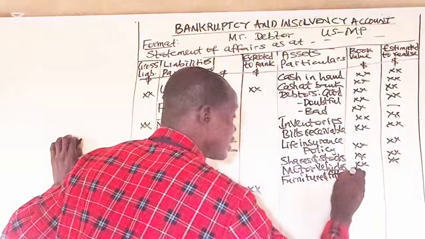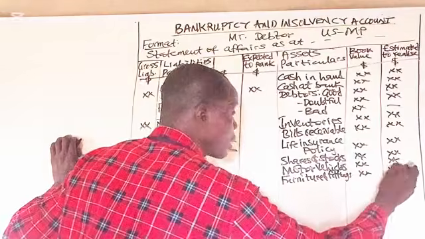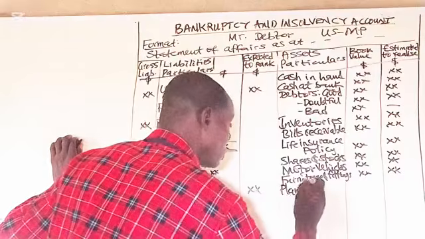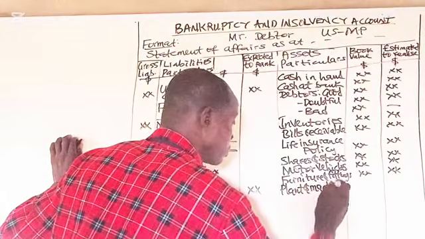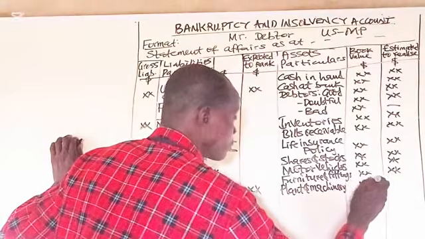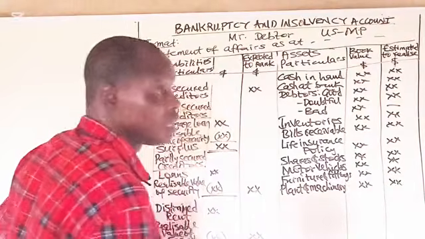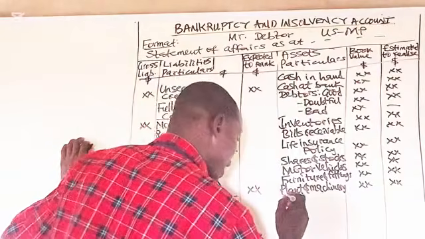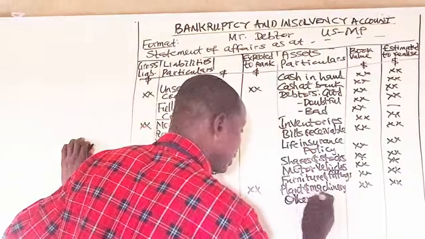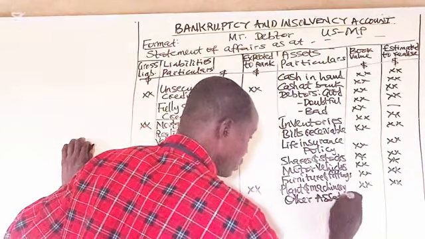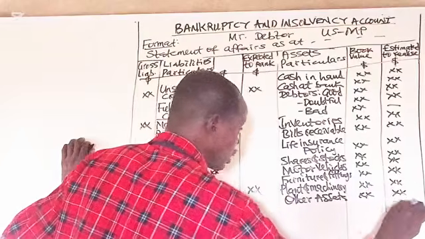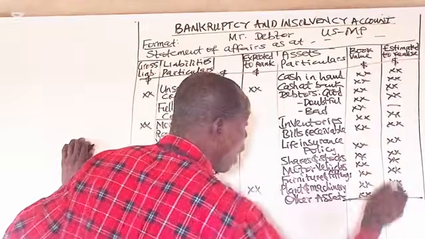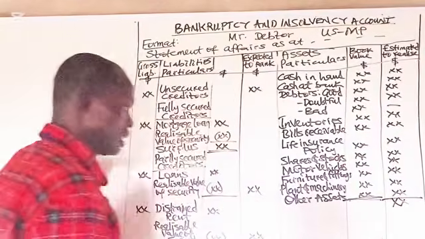You may have plants and machinery not used as security. Then, if you have any other assets not used as security that are not specified here, you write them. You sum up all these assets, and you have this as the total.